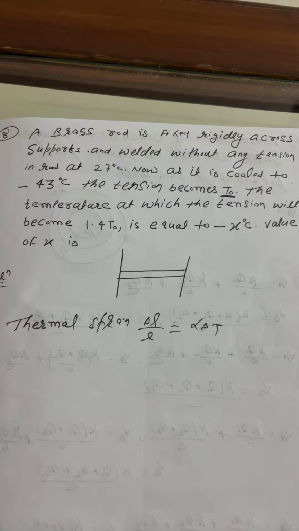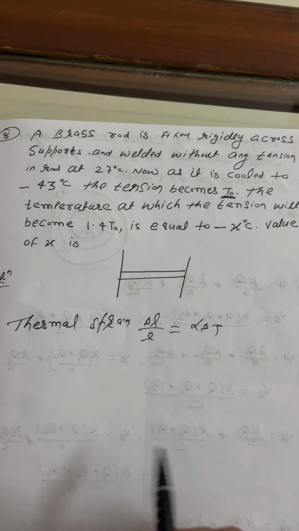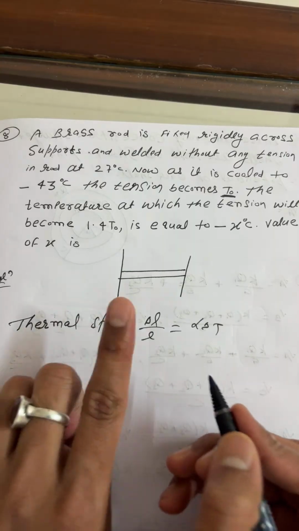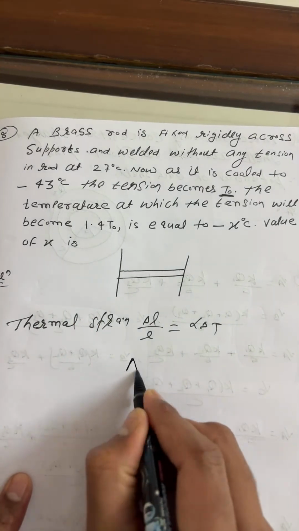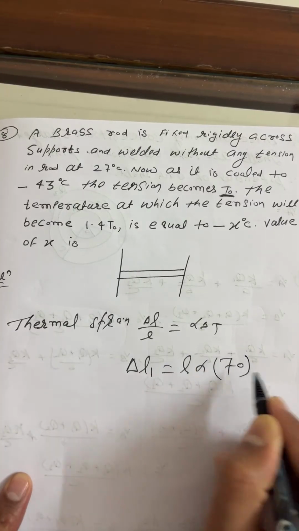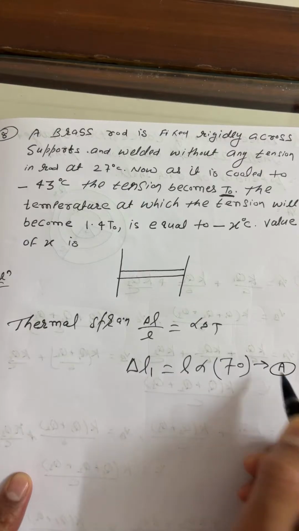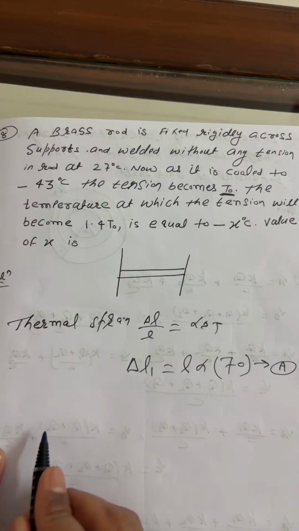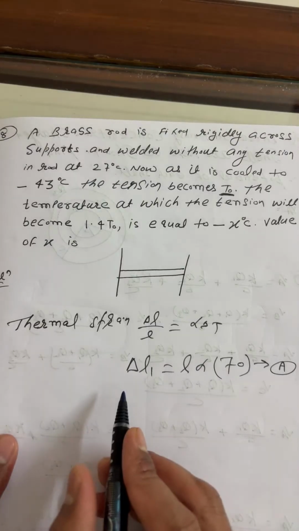So what is the delta T here? You can find delta T. So here I'll just take first delta L1, this is L into alpha, and this is 70 degrees Celsius. Let us suppose this is option number A. This is the thermal strain.